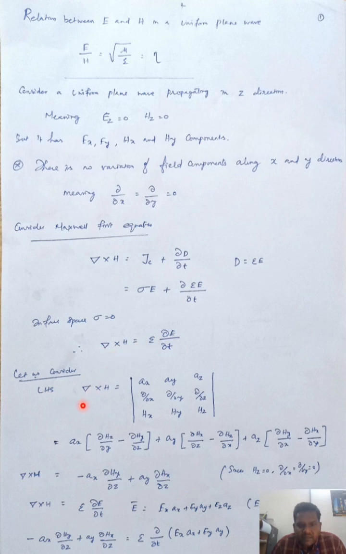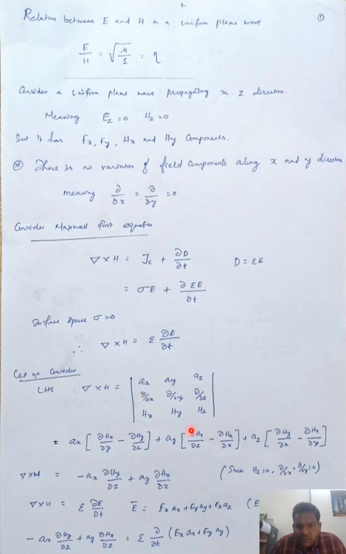Left hand side, del cross H: the del operator can be written in the form of a matrix determinant, which is represented here. The first row reads Ax, Ay, Az. The second is nothing but the partial derivatives with respect to the three coordinates x, y, z. The third row is the H components, Hx, Hy, Hz.